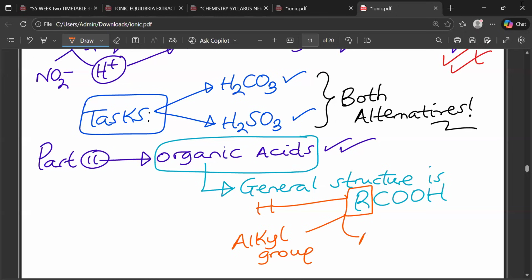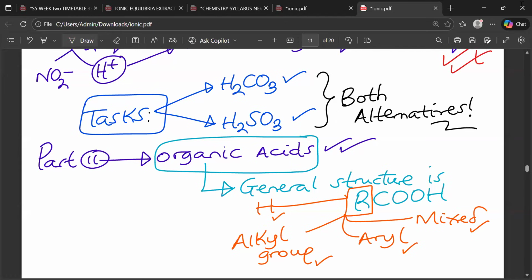Then you all know it can be aryl, you know what I mean, and it can be mixed. I try to brief you. If it's not hydrogen, methyl, ethyl, propyl, butyl, aryl, phenyl, mixed, methyl phenyl, like that.